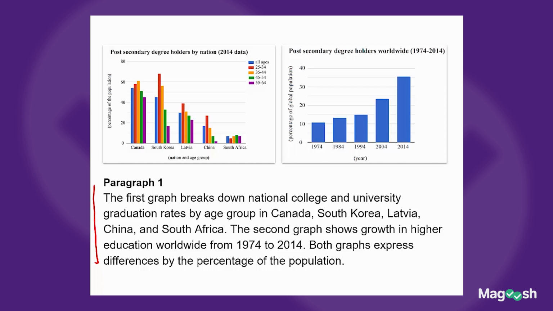Notice a couple of things. We used some of our paraphrases. We made some combinations where we're comparing how both bar charts show the information by percentage of population. That's something that's shared, and it helps us to describe that information very efficiently.